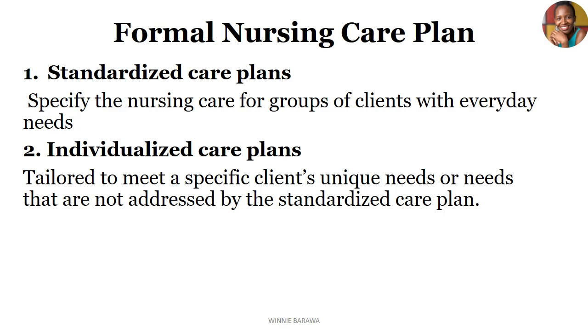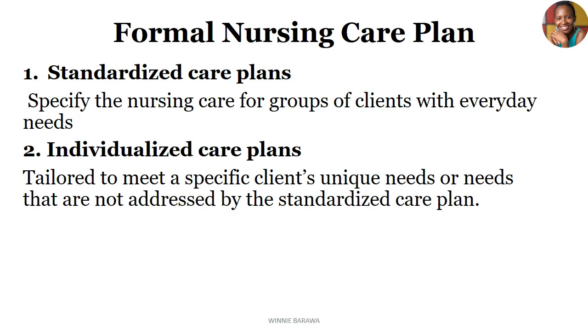For example, in certain wards, in the standardized care plan, you realize that at a certain time, like 9 a.m., you keep administering medication for all the patients in that ward. You do not give to one patient and then say you'll come back and give to another patient. It's done for all the patients. So that's an example of standardized.